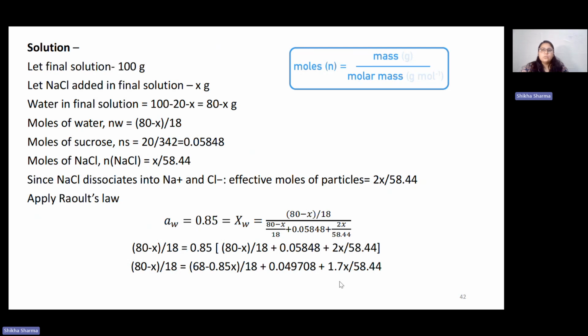Okay, so suppose the final solution is of 100 grams. What NaCl we are adding is X gram. So the water in the final solution will be 100, which is the total solution, minus 20, which is the sucrose, minus X. X is the NaCl, right?